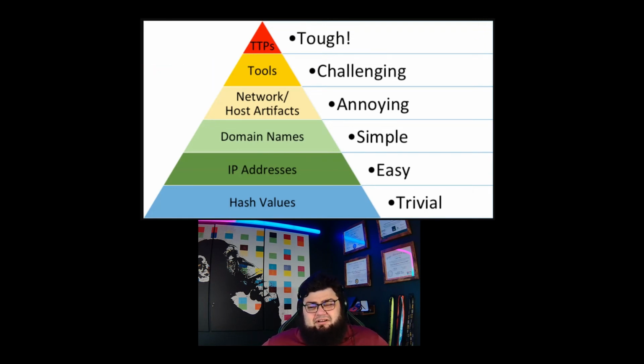But most of all, it's very, very difficult to change your TTPs. So when we think about the tactics, techniques, and procedures that attackers use, they don't change them all that often. They're still going to use ransomware, right? They're still going to use phishing. They're still going to use whatever methodology they found successful. It becomes kind of like their fingerprint, because you don't want to have to retrain your whole organization.